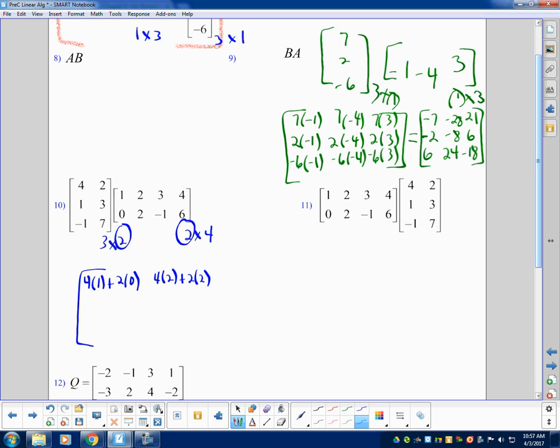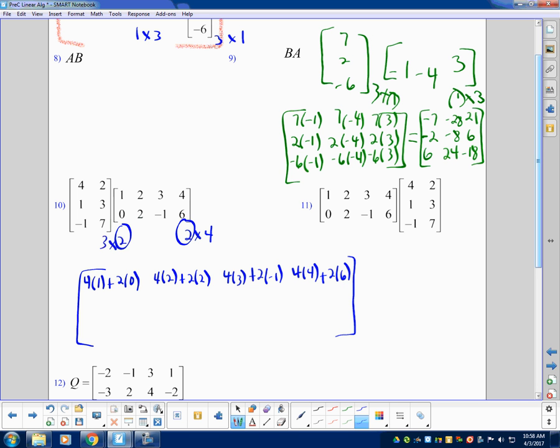Then I do first row times third column, 4 times 3 plus 2 times negative 1. And the last one is first row times fourth column, 4 times 4 plus 2 times 6. It's going to be 3 by 4.